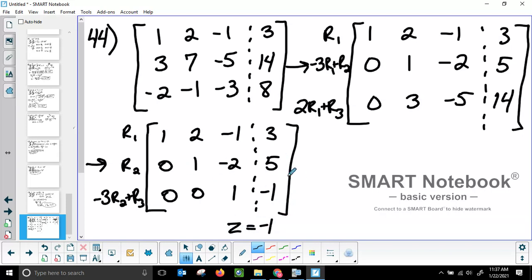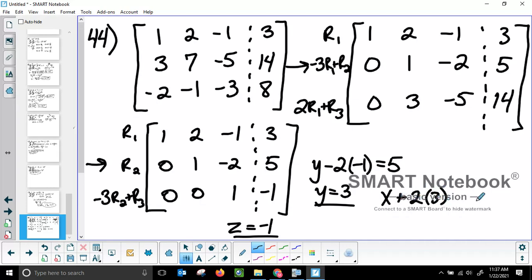Then I can do my backward substitution like I just did and come up here. And I know that this means y minus 2 times z, which is -1, is equal to 5. So y plus 2, so I subtract 2, y is equal to 3. Now I plug both of these in up here. I'm going to get x plus 2 times y minus z is equal to 3.